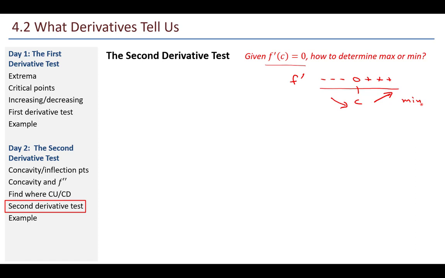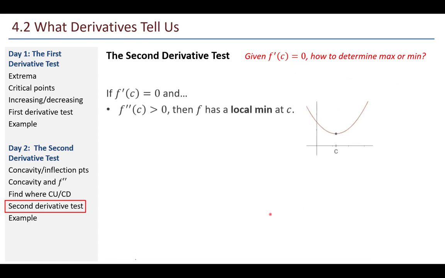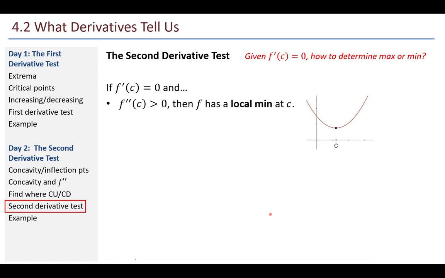Well, instead of using the first derivative and testing around points, what we can do is use the second derivative and evaluate the second derivative at that point. If f prime of c equals 0 and f double prime of c is greater than 0, then there's a local min. My second derivative being greater than 0 means the function is concave up.